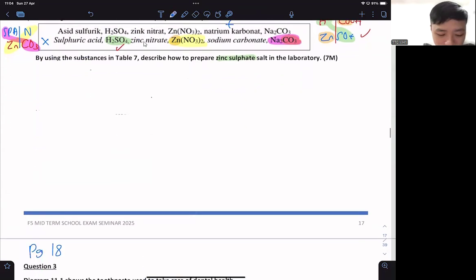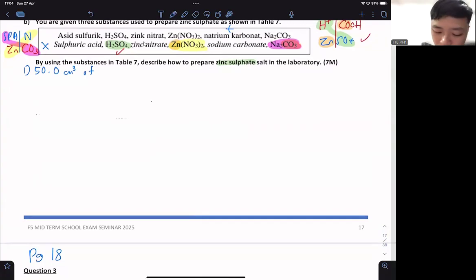So on how to write the procedure, I'll show you lah. Number one, I can use 50 cm cube. Now you have to mention, let's say I want to prepare sodium carbonate first, zinc nitrate first, then add together.